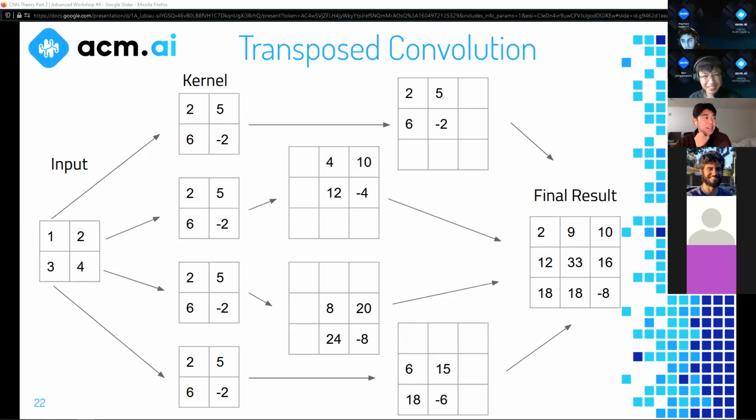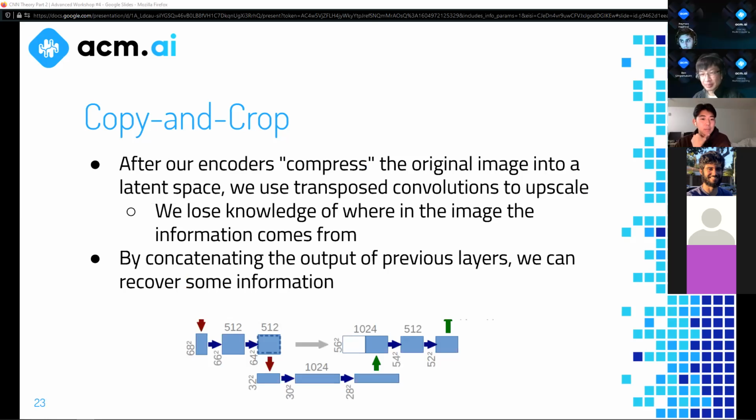The next topic we're going to go into is something called copy and crop. That successive downsampling of our input space is called encoding: we are effectively encoding our input into a lower dimensional space that is really dense, full of information. So we compress our original image into a latent space, and then we use this transposed convolution to upscale back into our original dimension. We lose some knowledge of where the information comes from.